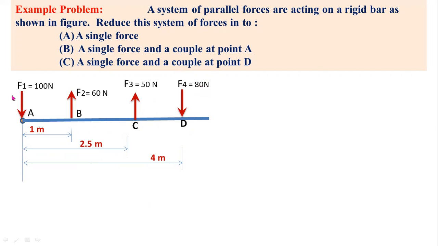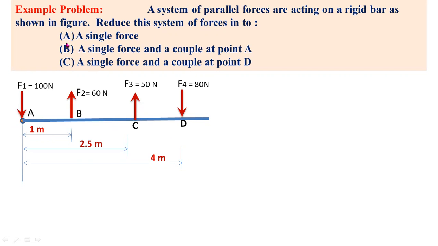Here you can observe these are the parallel forces acting on the rigid bar. Here you have to convert these four forces into a single force, that is the resultant.